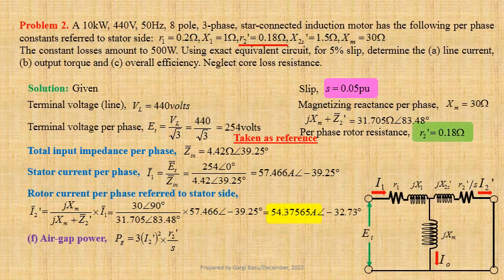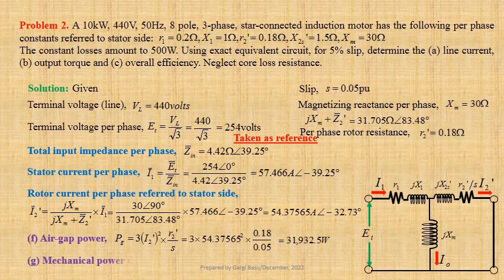Using values we get Pg equals 3 into 54.37565 square into 0.18/0.05, that is equal to 31,932.5 watt. Mechanical power developed Pm equals 1 minus S times Pg. Using values we get 1 minus 0.05 into 31,932.5, which is approximately equal to 30,336 watts.